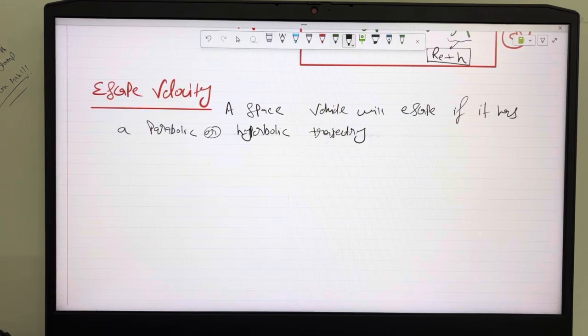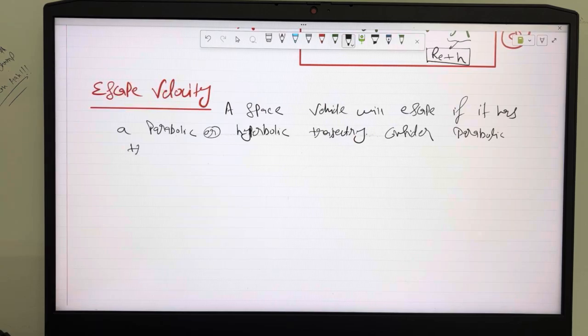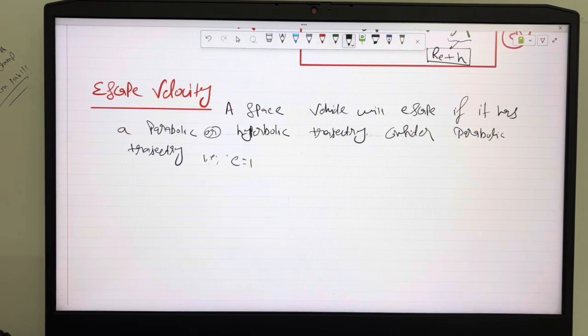Okay, consider a parabolic trajectory, that is E is equal to 1. I said, if someone can escape any orbit, then they have to travel with a parabolic or hyperbolic trajectory only, right?